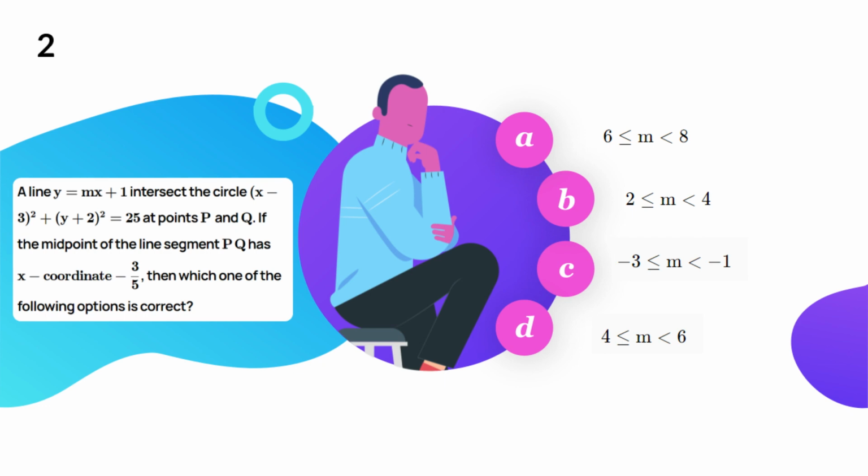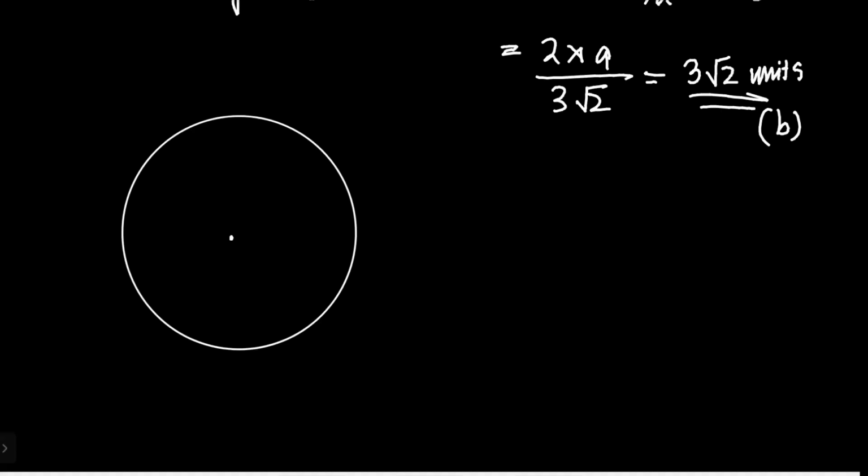So suppose this is a circle, with center, we have been given, that is center is (3, minus 2), and radius is given as 5 units.